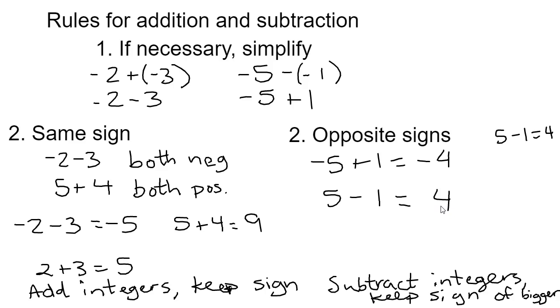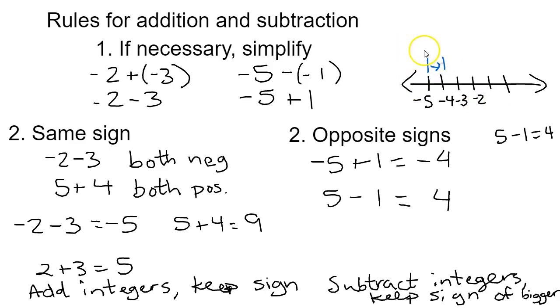So these integers, the signs can make it confusing, which is why I showed how to use the number line first, because the number line can make it a little bit easier. For example, this negative 5 plus 1, if we placed this on a number line, we would say, let's start at negative 5 and let's go to the right one space.